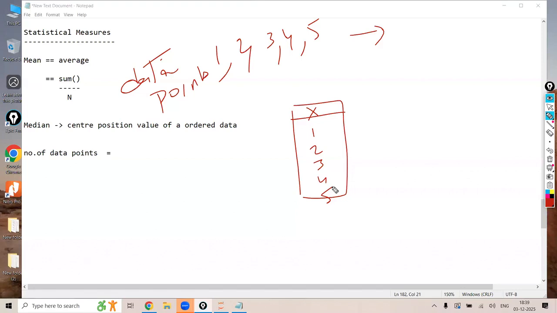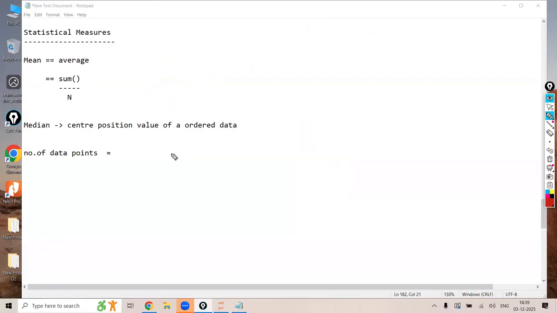One row is one record. You may get the data theoretically like this, or in an Excel sheet; it all depends. So the number of data points below the median value is equal to the number of data points above the median value.